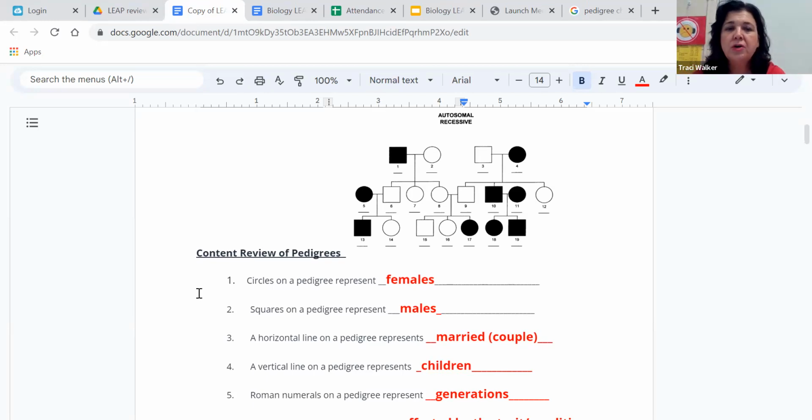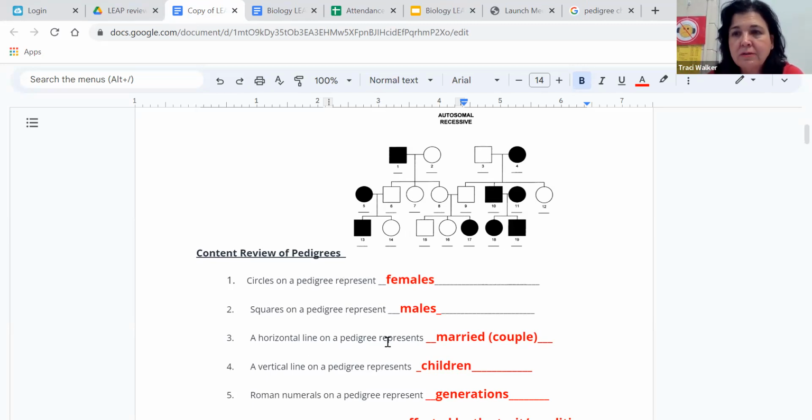So on a pedigree, a circle represents a female. So this is a female, this is a female, these are females, okay? And squares represent males. So this is a male, this is a male, male, male, male, okay?